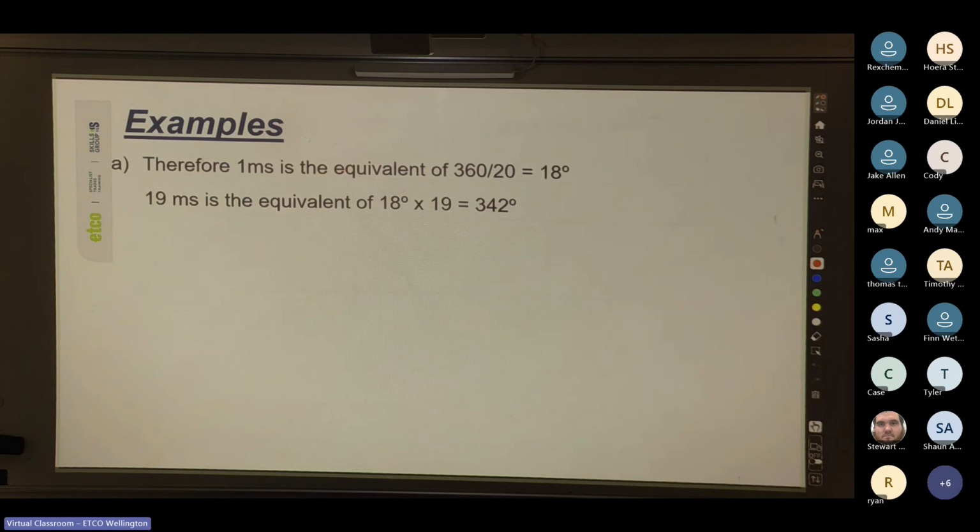Yep, so yeah, 19 milliseconds is equivalent to 18 degrees times 19, which gives us 342 degrees.